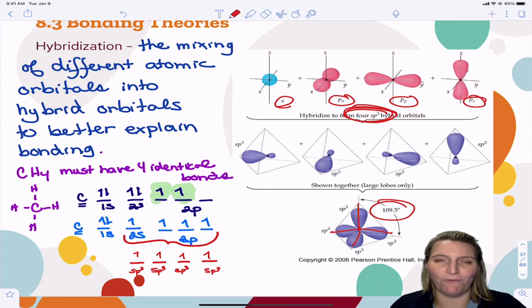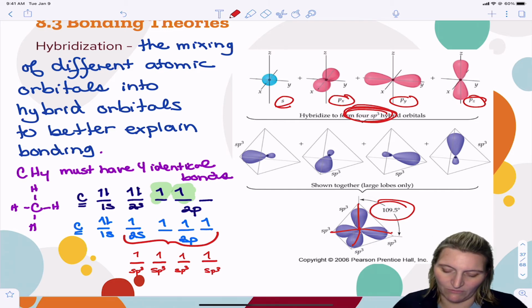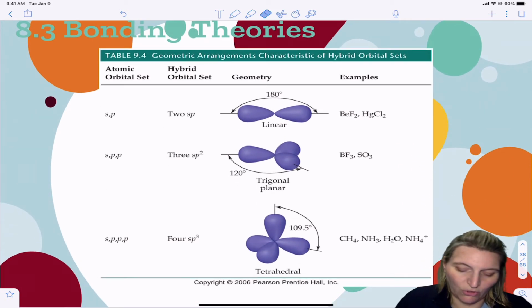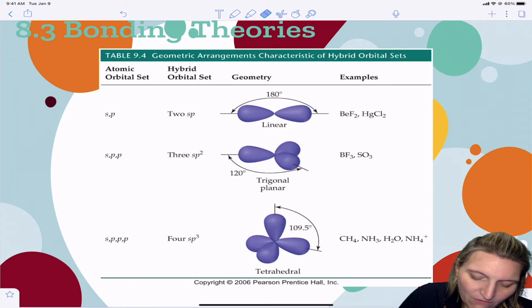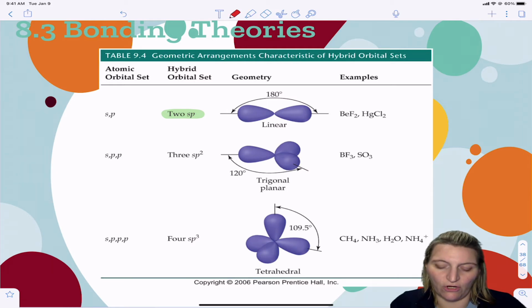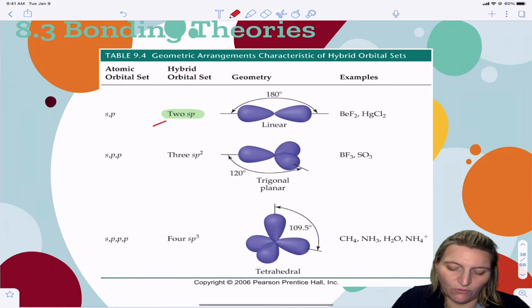Not always does it form sp3 hybrid orbitals. Depending on how many orbitals need to hybridize, need to come together, they can have different names. So this first chart here shows when you have hybrid orbitals that are just called sp. sp hybridization occurs, think of how there's 2 of them.